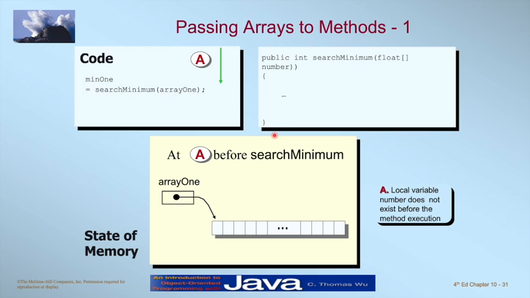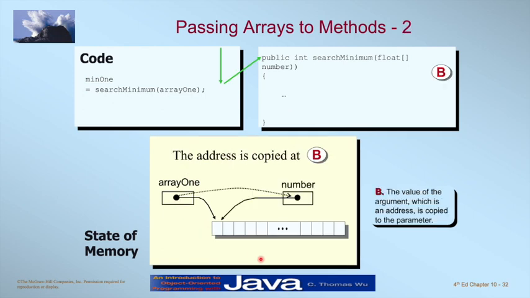Now, how to pass the array to a method. For example, here we have this set of array, right? In this array we want to pass the value. The local variable number does not exist before the method execution, so before we execute anything, the array should be empty.